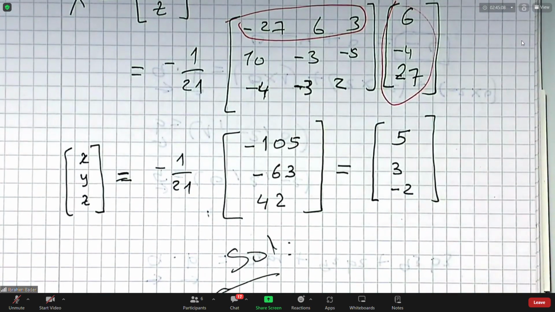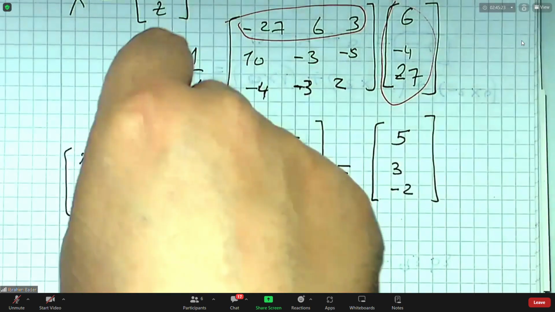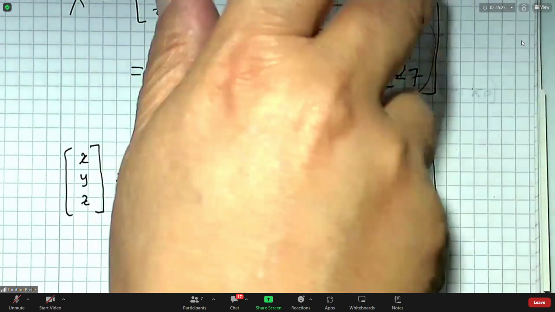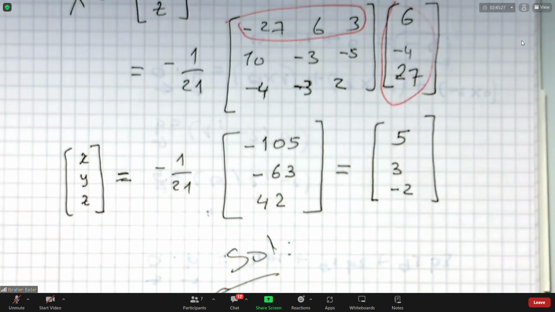So this is what I want you to know here. How to get the inverse, you can use the previous step or Gaussian elimination, or there's a rule: it's 1 over the determinant, but you need to shuffle the coefficients. I will be uploading this to you if I find it.